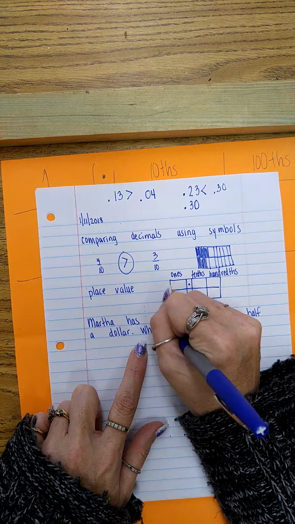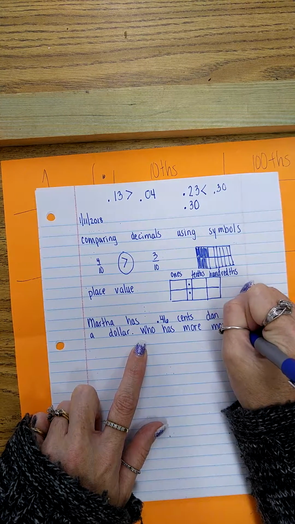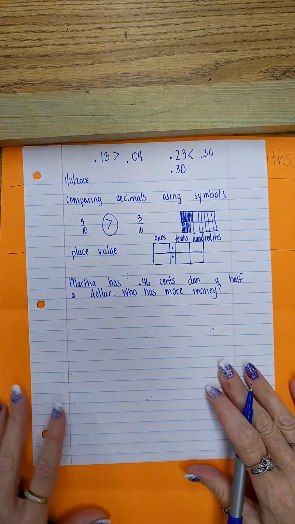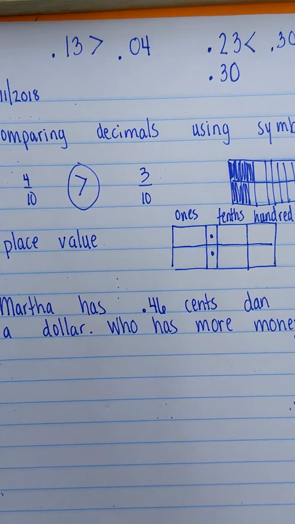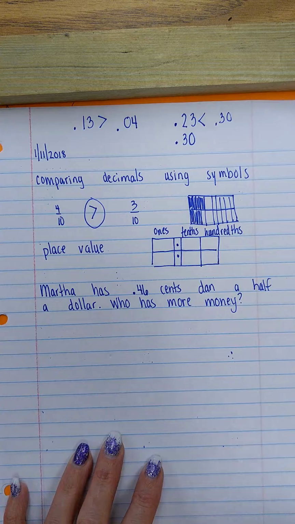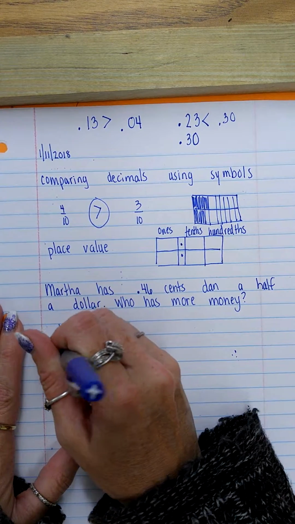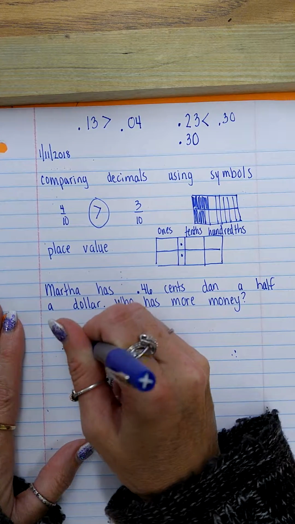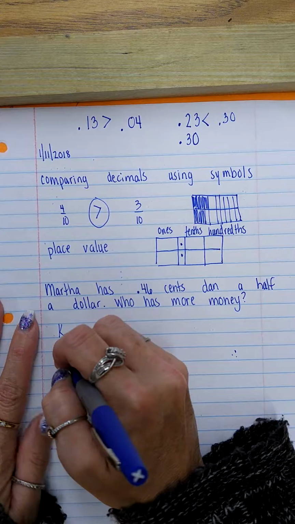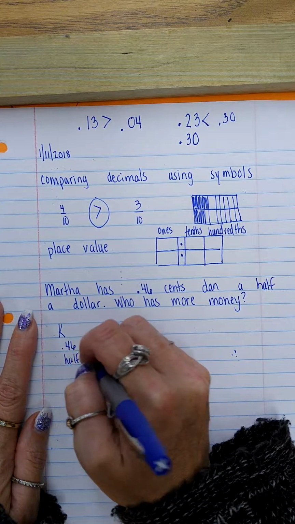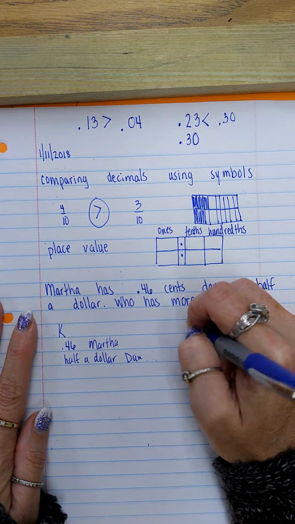Who has more money? Looking at this particular problem, I can go through and see what I know. I know that Martha has 46 cents, so I'm going to write that. And I know that Dan has half a dollar. What it's asking is who has more.